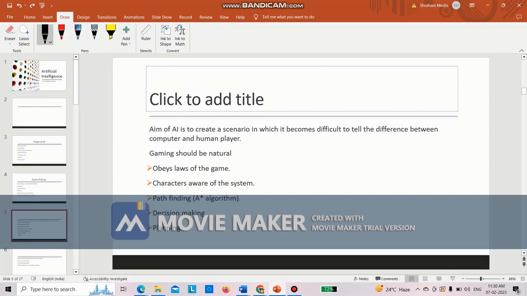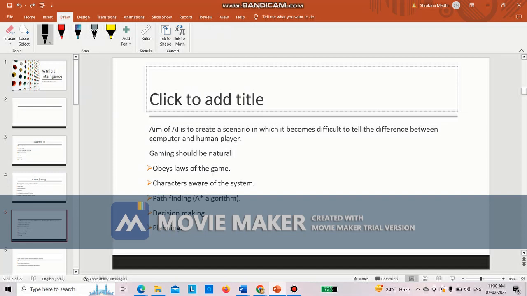So depending on how you are going to define the problem, you can assign the cost. What is the aim of AI? The aim of AI is to create a scenario so that it becomes extremely difficult for a player to decide whether the opponent is a computer, a machine, or a human being. So we need to create that level of intelligence in the machine.